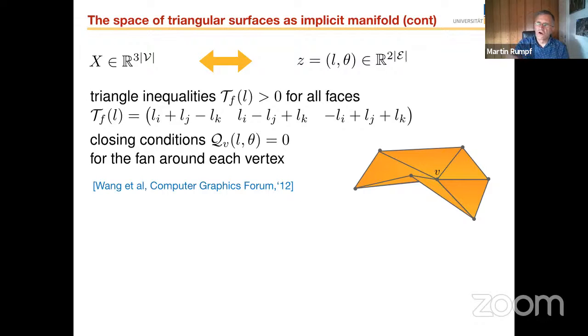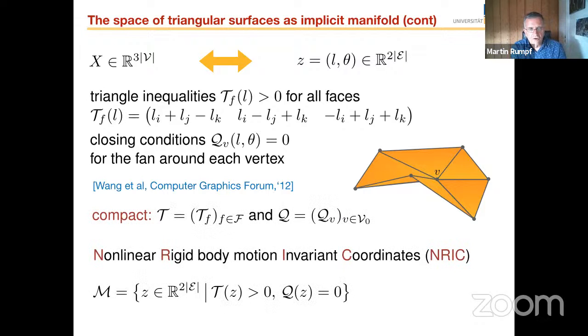If you walk around a point on the surface, then finally this fan of triangles has to close. That is a condition which can easily be computed based on L and theta. We express it in terms of a function Q for each interior vertex, depending on L and theta, which vanishes. This function can very efficiently be computed based on quaternions.